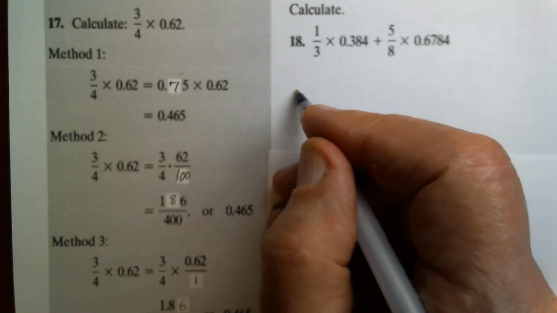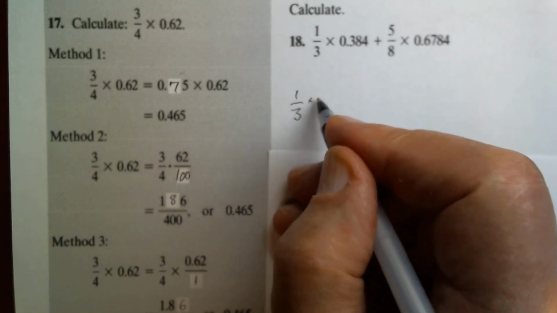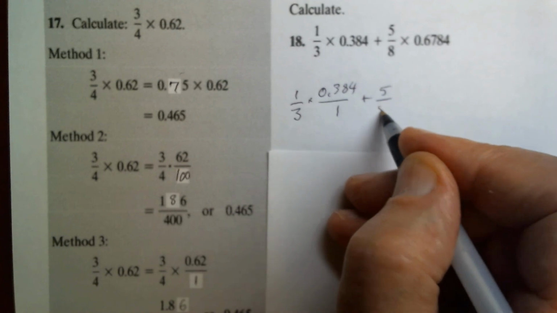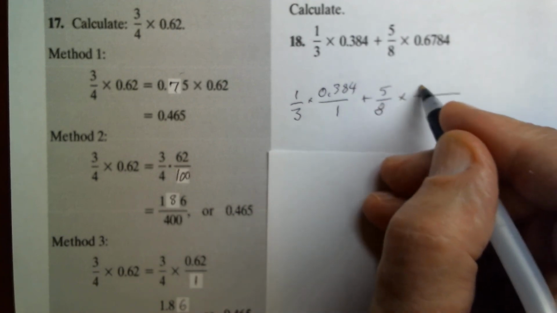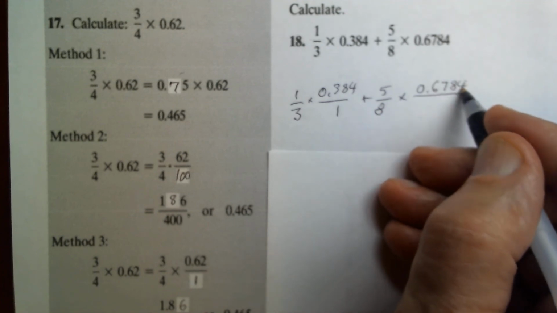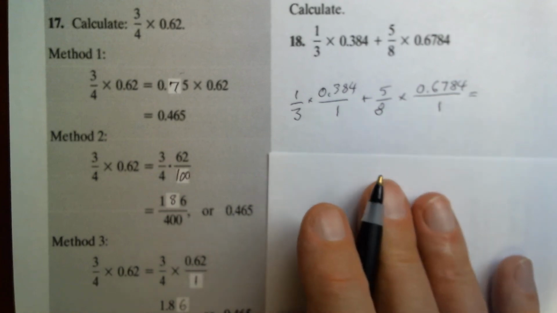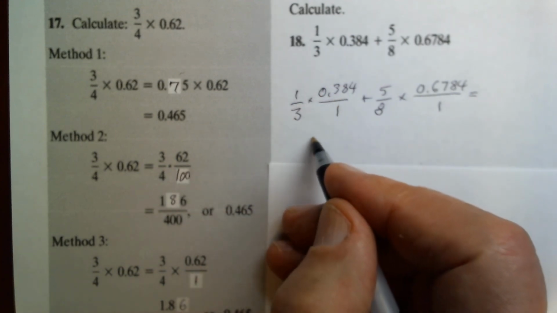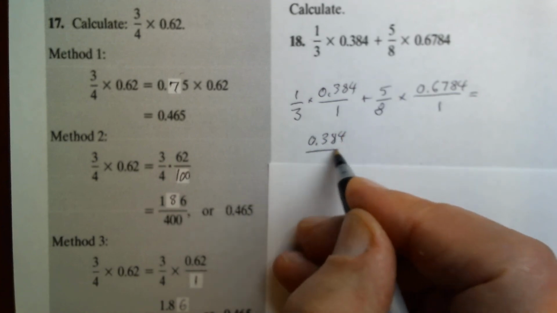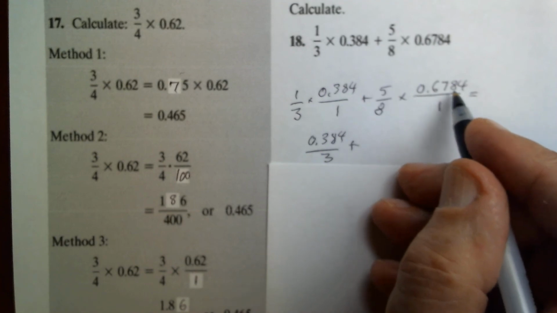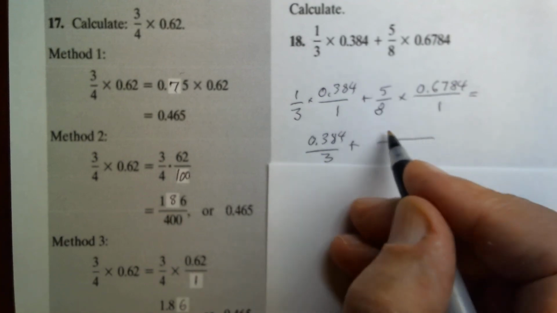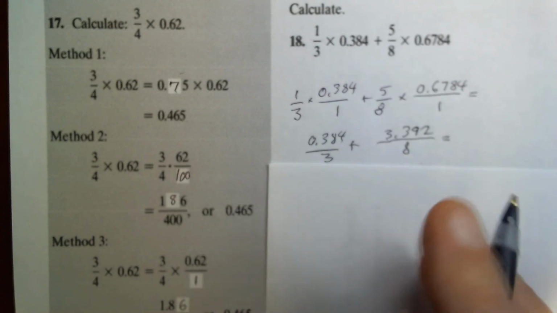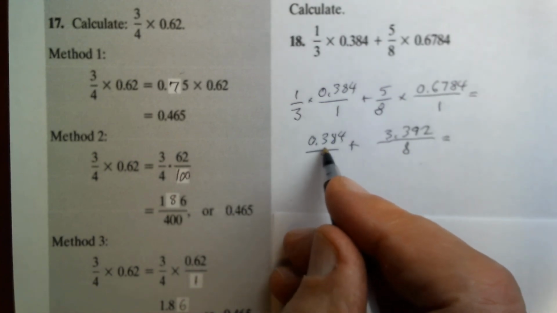In other words, this then will be 1 divided by 3 times 0.384 divided by 1 plus 5 divided by 8 times 0.6784 divided by 1, which is equal to 1 times 0.384 is 0.384 divided by 3, plus 5 times 0.6784, that's equal to 3.392 divided by 8 times 1, or divided by 8.